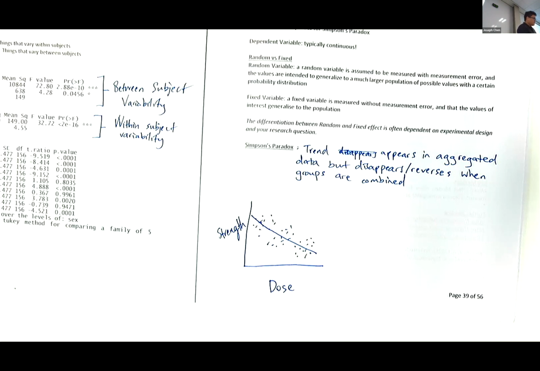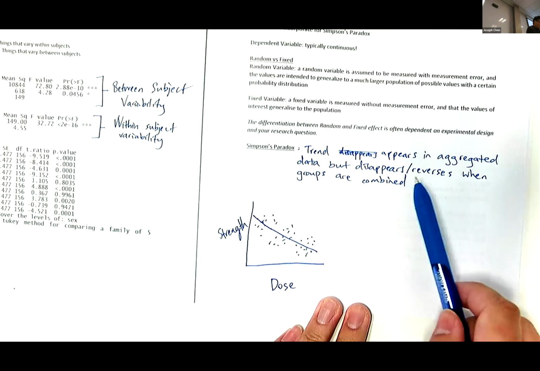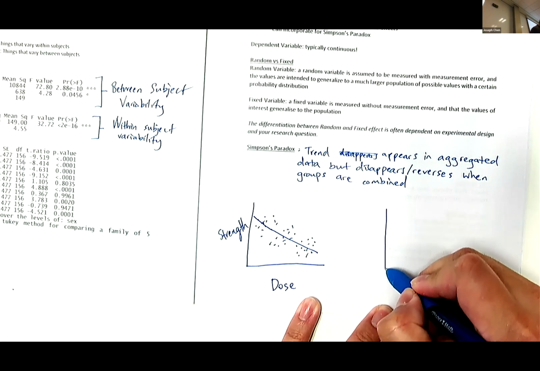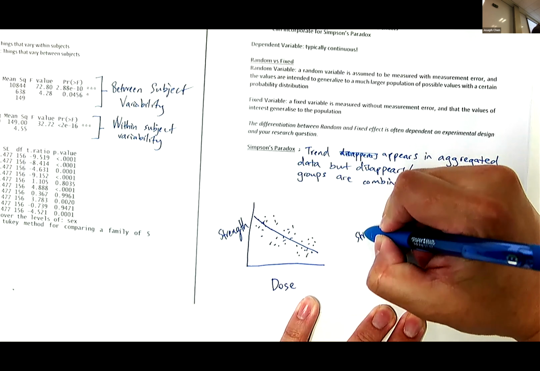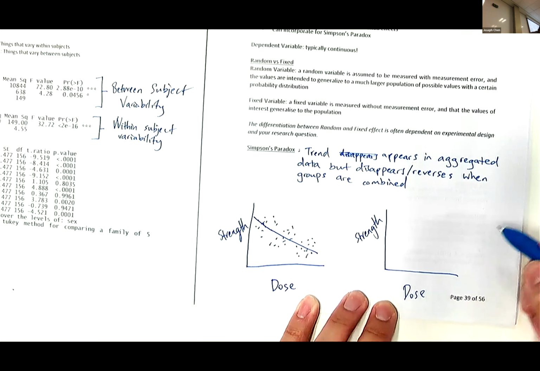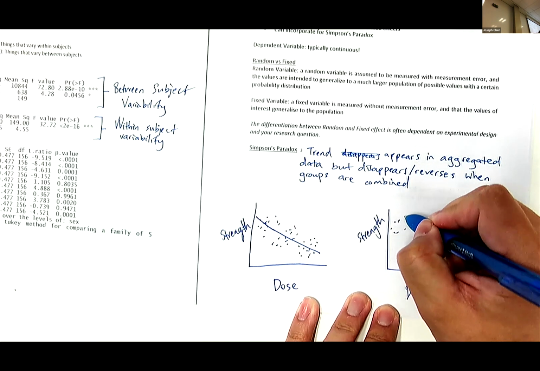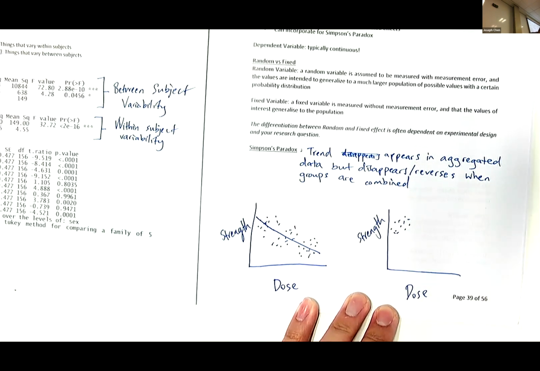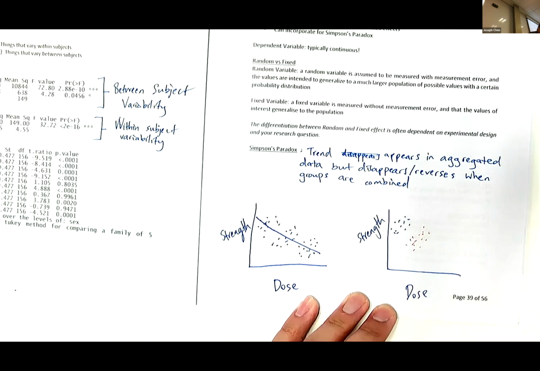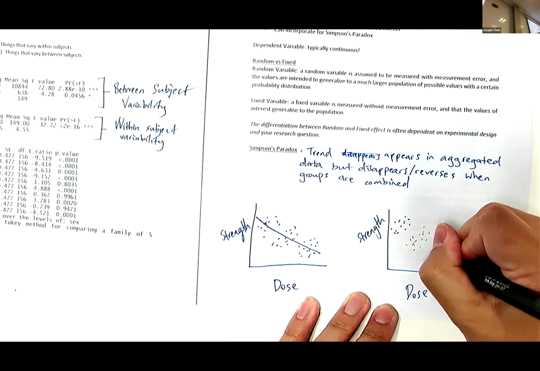However, Simpson's paradox is when you actually subdivide it into groups. What if you had 3 different groups in this data, and instead the data looked like this, and then like this.